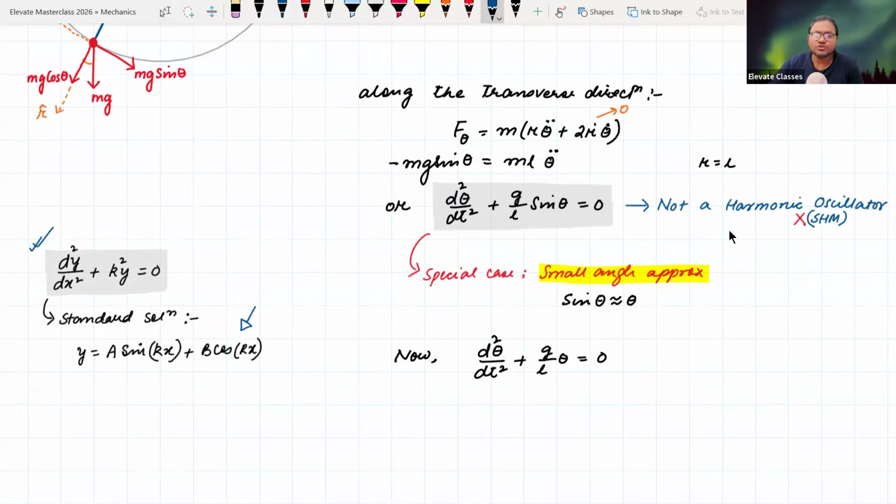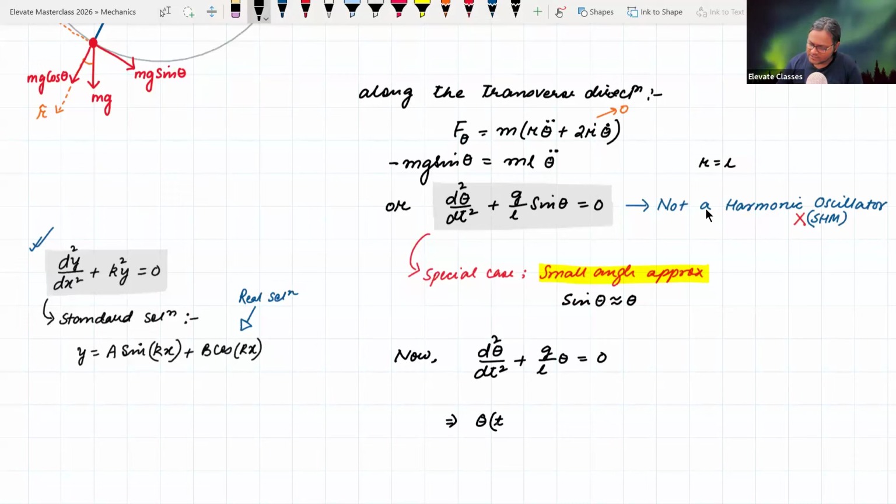Now it depends whether the solution should be real or complex. Like in quantum mechanics we want a complex solution, so there the e to the power i k x solution will come. But right now I want a real solution. So for a real solution, this is the real solution. Okay? So what is the solution here?